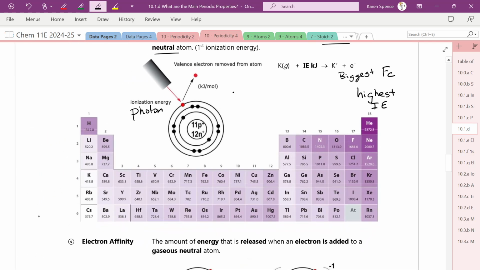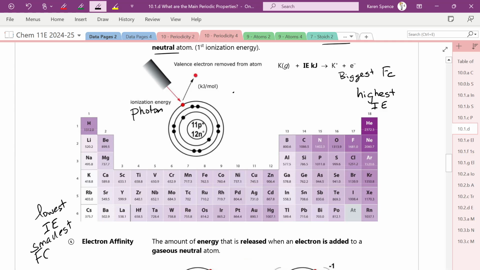Our lowest ionization energy is down here, and that's because it has the smallest Coulombic FC. If you have a high Coulombic attraction, it's going to require a lot of energy to kick out an electron.